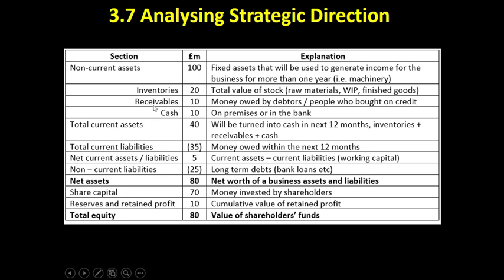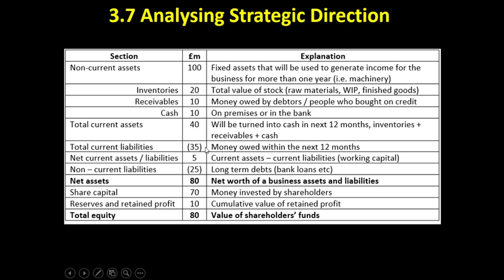Now, these inventories, receivables and cash: inventories is the total amount of stock that they've got. Receivables are the money owed by people they've already sold goods to; they're just waiting to get the money owed by debtors. And cash as well. So we've got these three current assets that are either already cash or very close to being cash. Okay, and in this business, that's worth 40 million.